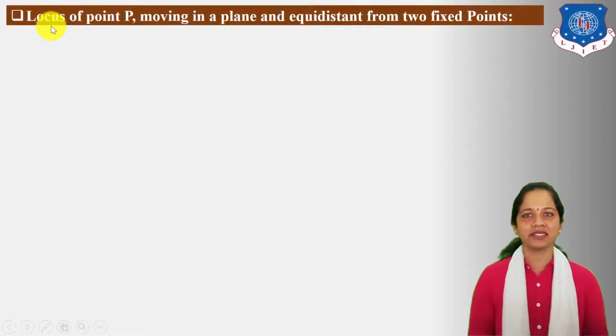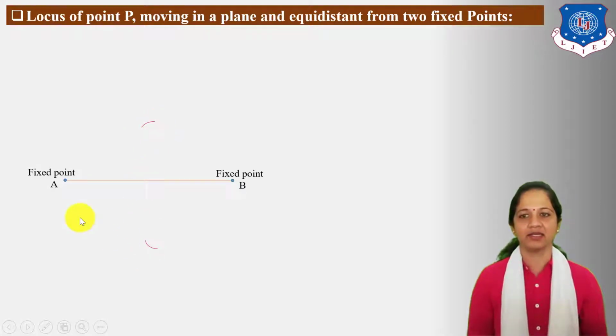Next, let us understand locus of point P moving in a plane and equidistant from two fixed points. Here, these two points A and B are fixed points. Next, take radius AB, center B, and draw two arcs, one above the AB line and another below the AB line.